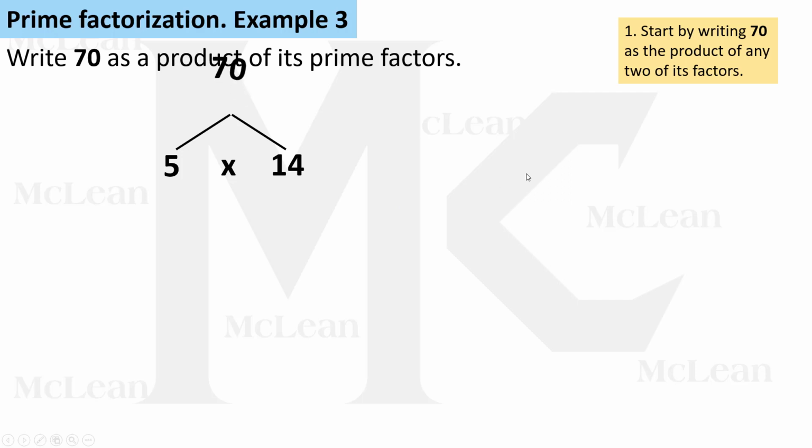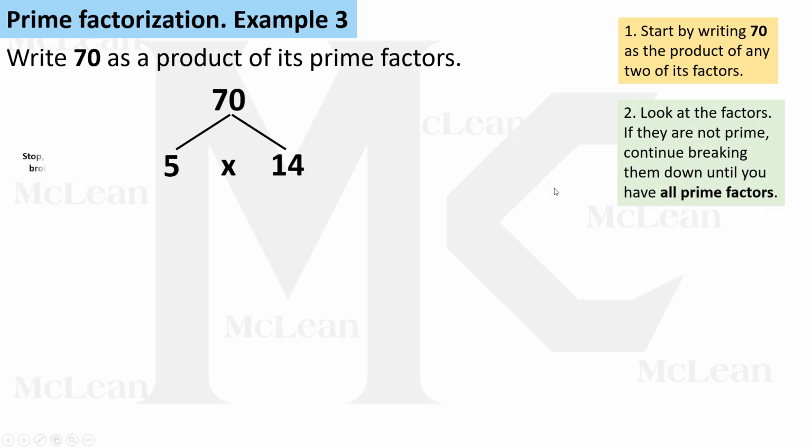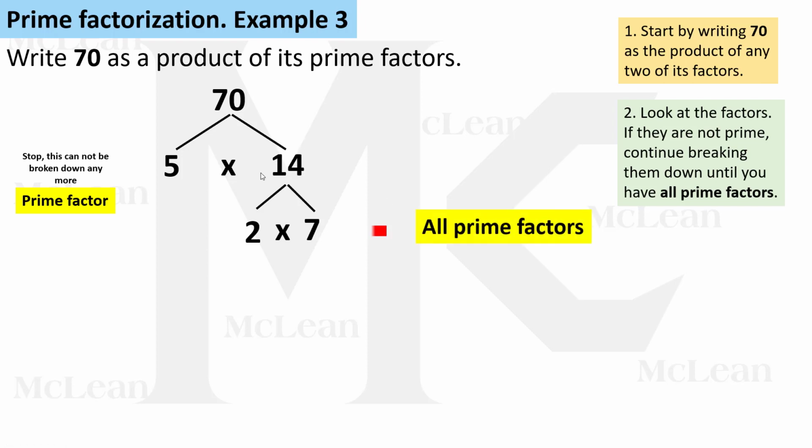But right now we know 5 all by itself is prime, so we're not breaking that down anymore. Let's work on 14, because 14 isn't a prime number. What two numbers do I multiply to get 14? 2 times 7 will give you 14. But hold on, these numbers are all prime now. 7 is a prime number, 2 is a prime.